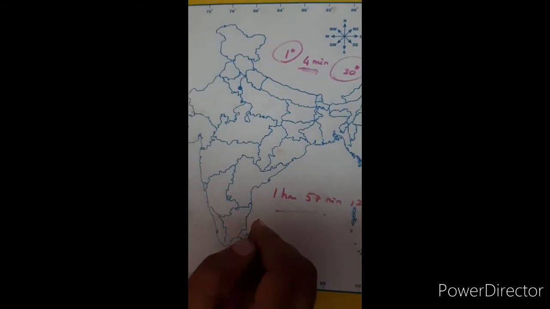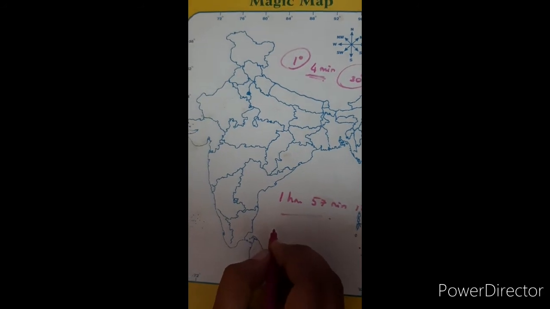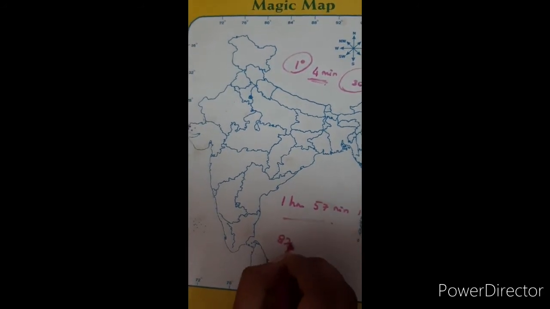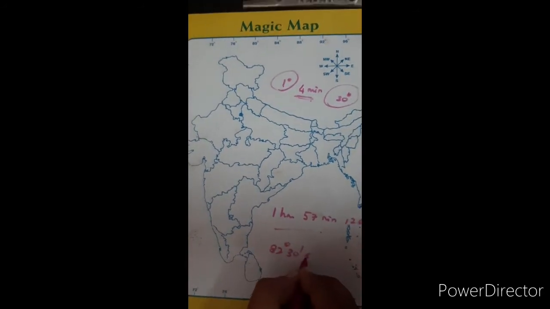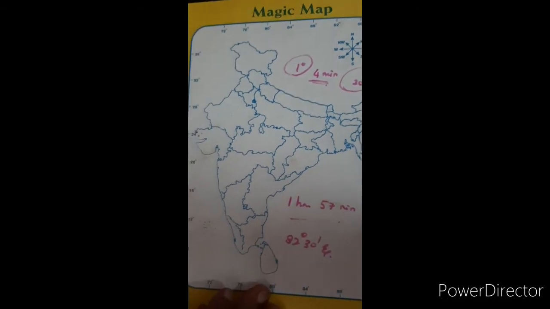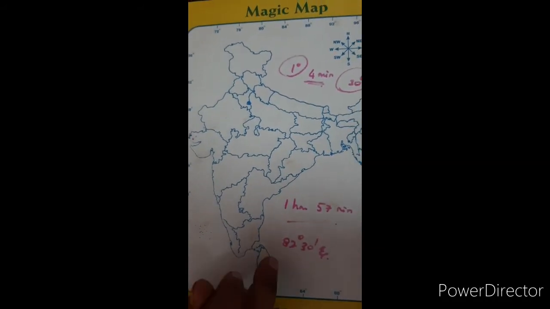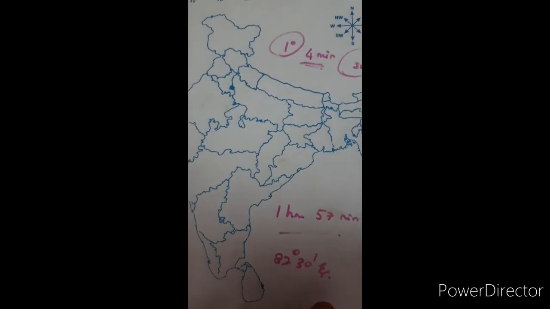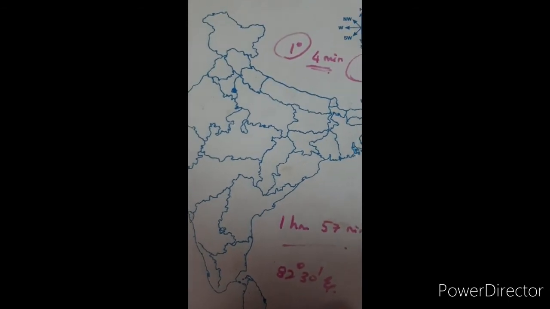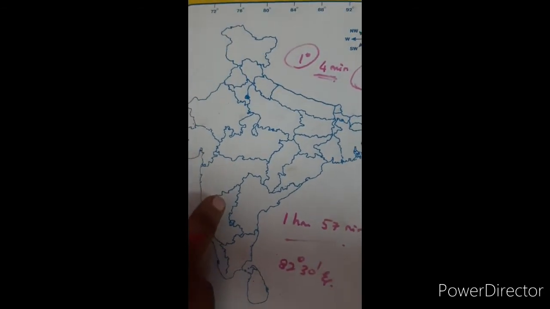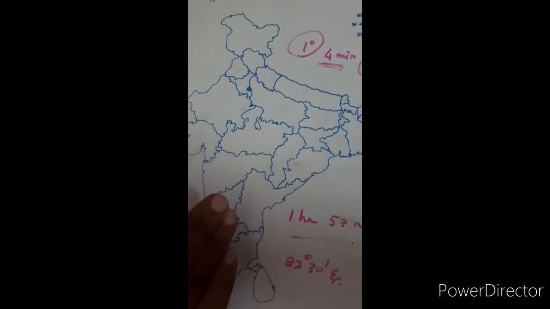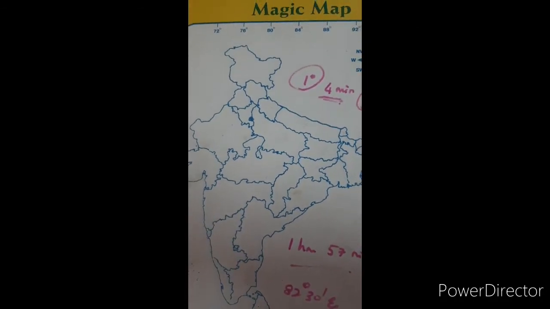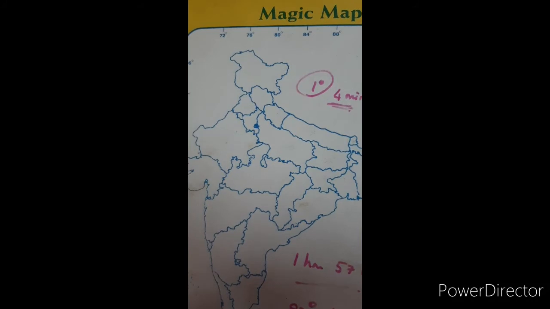We calculate Indian Standard Time from the 82 degree 30 minutes east longitude, through which the Indian central meridian passes. From there alone we calculate the Indian Standard Time.